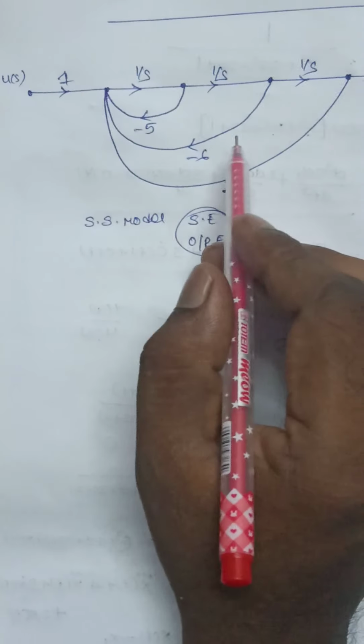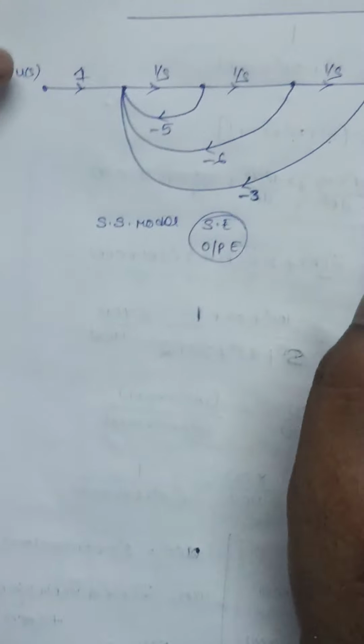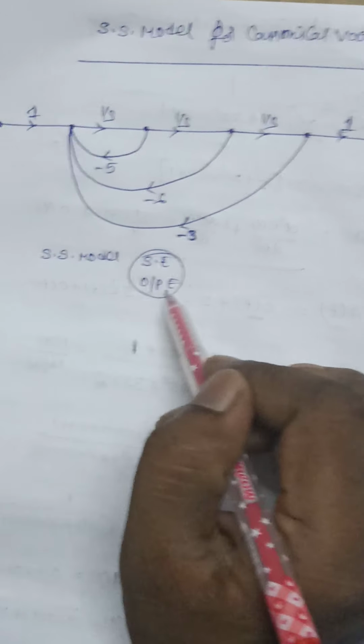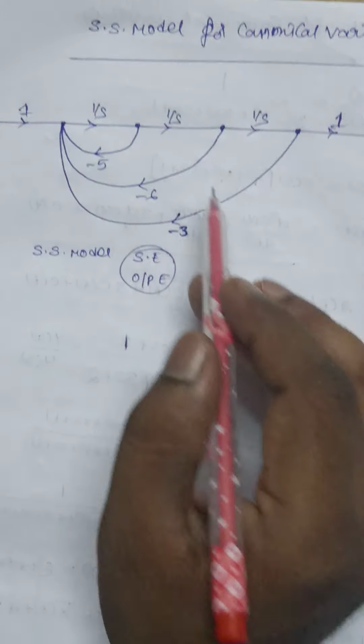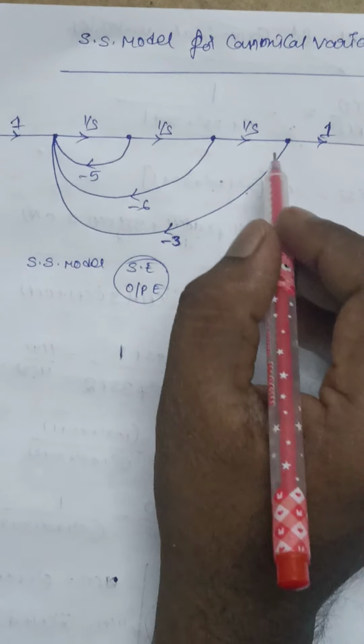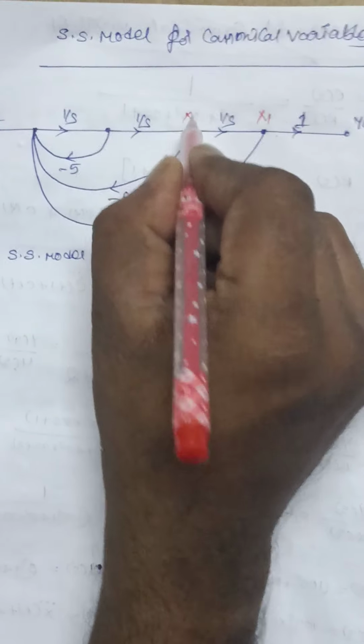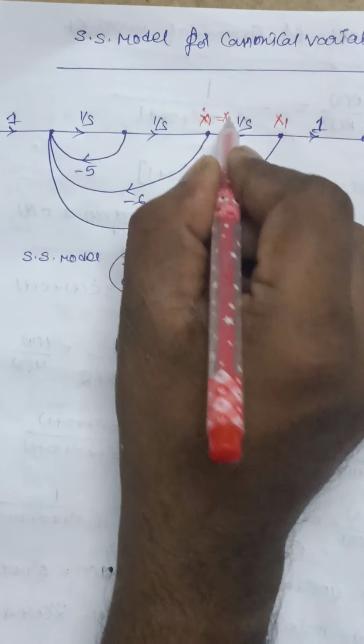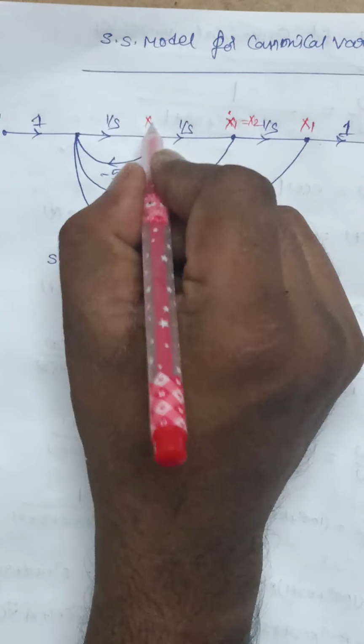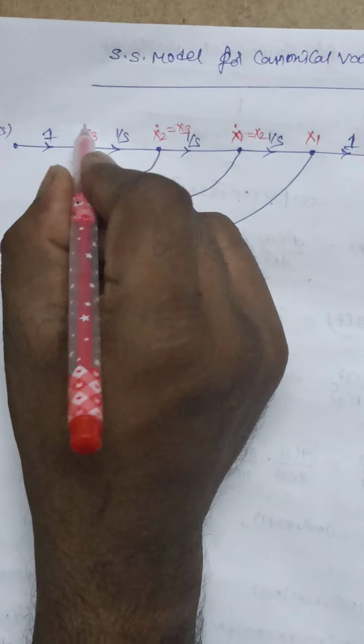Now, whenever this type of signal flow graph is given, how do we find the state equation or state space model for it? You just write here x1, and here x1 dot is equal to x2, and here x2 dot is equal to x3, and here x3 dot.